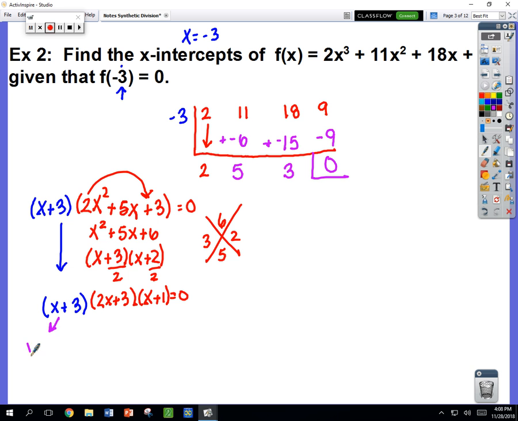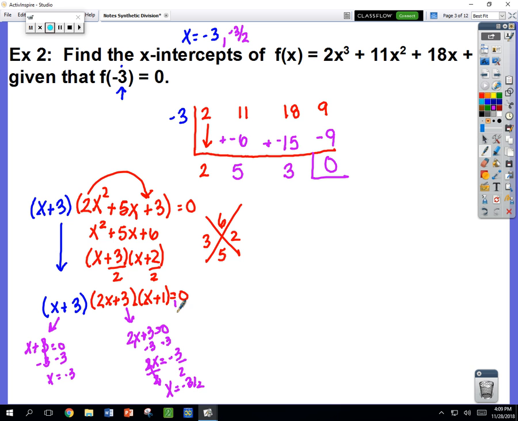So set that one equal to 0, which again we already knew was -3. We already had that one. Set this one equal to 0. Divide by 2. So -3/2 is a solution.